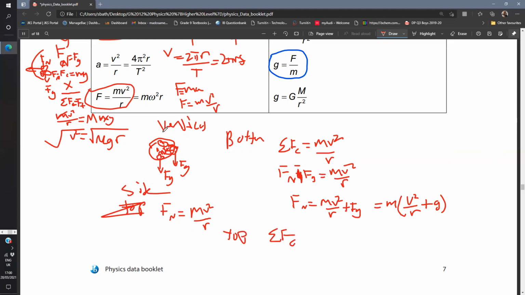And due to the fact that both Fg and Fn are in the same direction, it's going to be v squared over r. We just add them. Minus g.